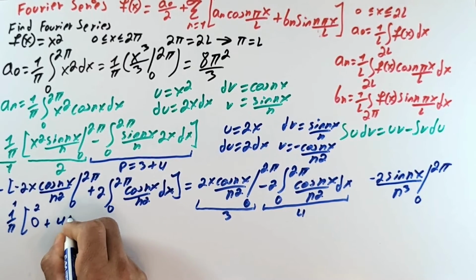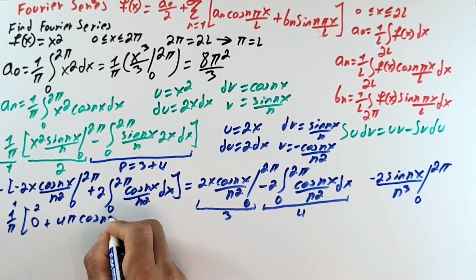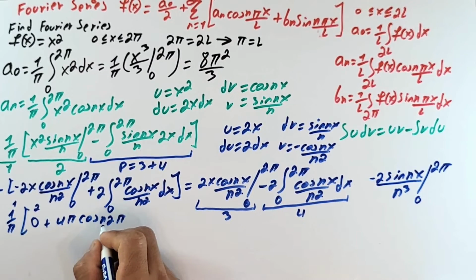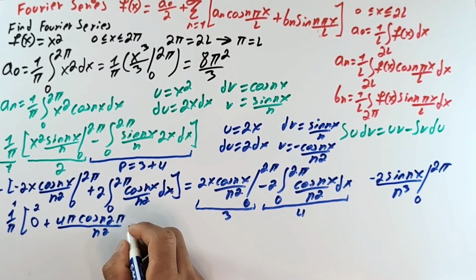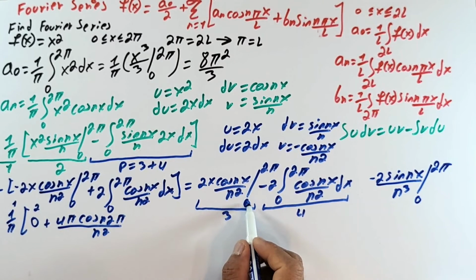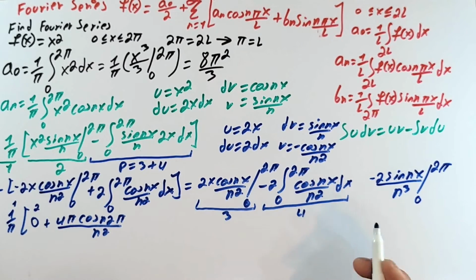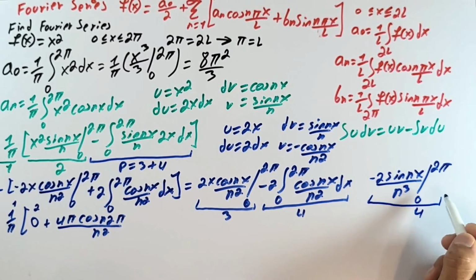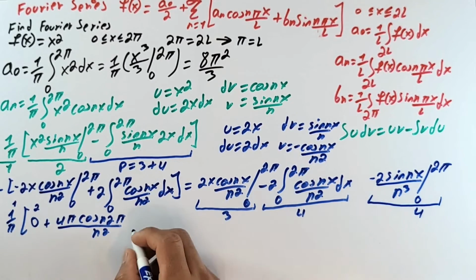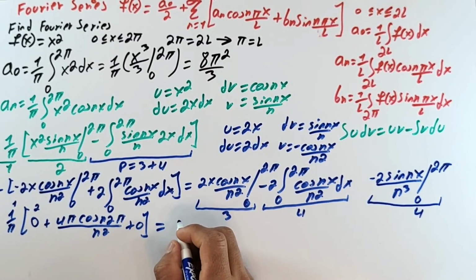We get 4 pi cos n 2 pi over n squared. And once we plug 0 here, it gives us 0. So we're left with this. What is 4? This is 4. And if you plug these values into sine, it gives us 0. So plus 0.